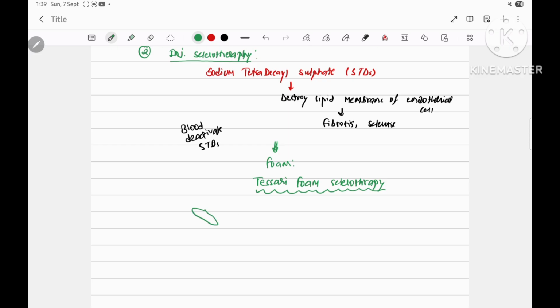We use two syringes like this, and there is a three-way valve. One valve is here, the second one is here, and the third one is here. From one side we give the STD, and from the other side we push air.